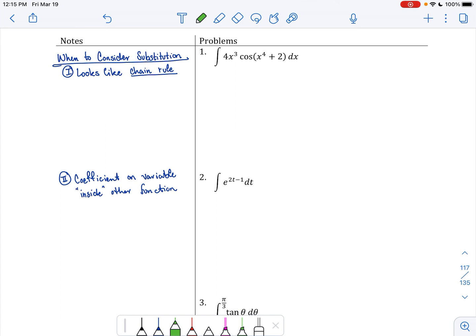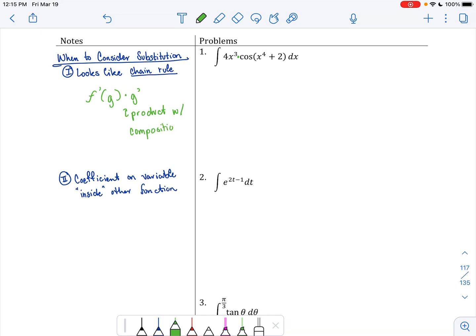Now, if you remember the chain rule from the derivatives, that was f prime of g times g prime. So when I say it looks like the chain rule, it is a product, which this one is, right? This is times, with composition.